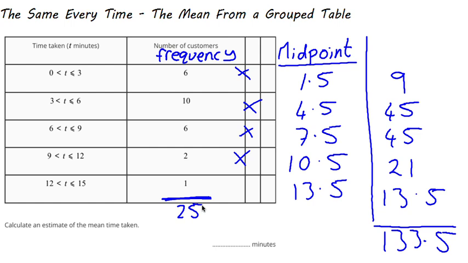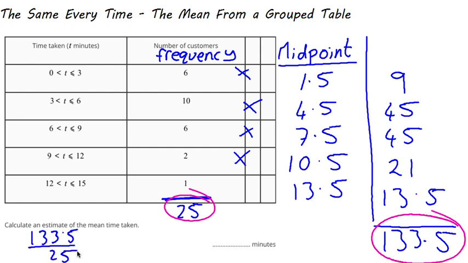So the calculation is going to be the total of frequency times midpoint, divide by the total of frequency, and that's going to give us this. So 133.5 divide by 25, and that gives me 5.34. So I'll write it in my answer section there, 5.34 minutes.